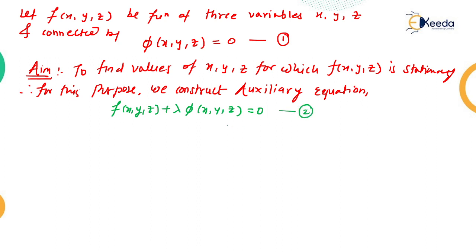The next aim is to differentiate the equation with respect to x, y, z. Because the function contains three variables, we use partial differentiation.